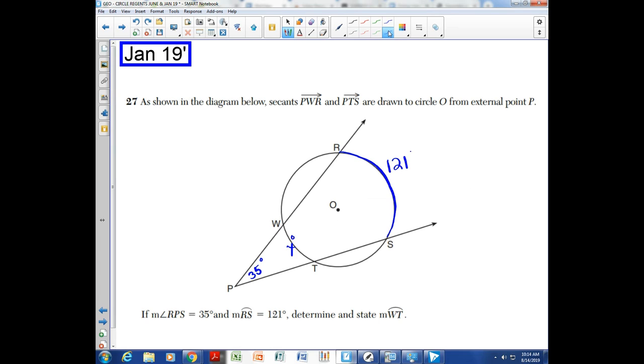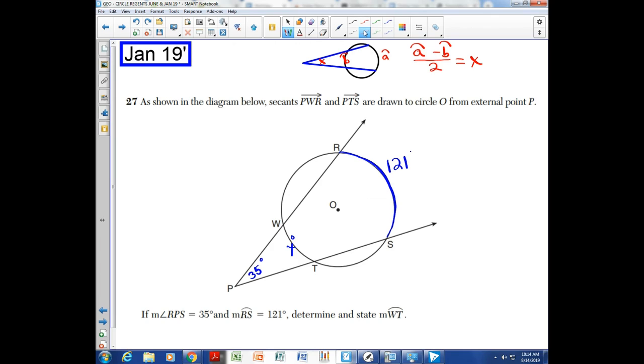Now, once again, I like to sometimes draw a little picture here, just so I could remember the theorem, right? And remember that if we take this major arc out here and this minor arc over there, and we talk about angles being X, this theorem looks like the bigger arc minus the smaller arc that are both inside the angle divided by 2 should be equal to that angle.